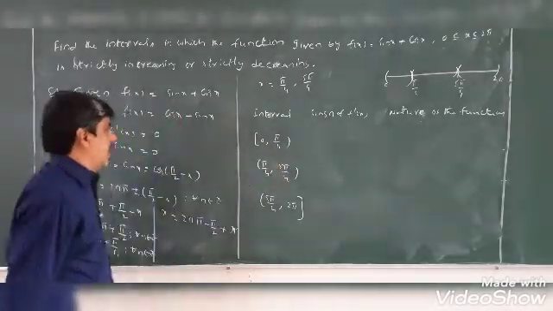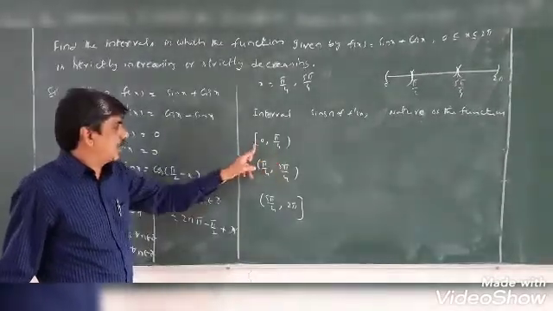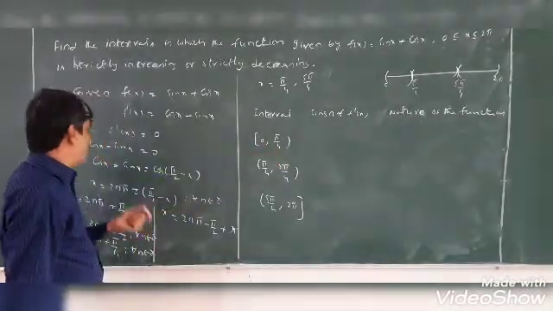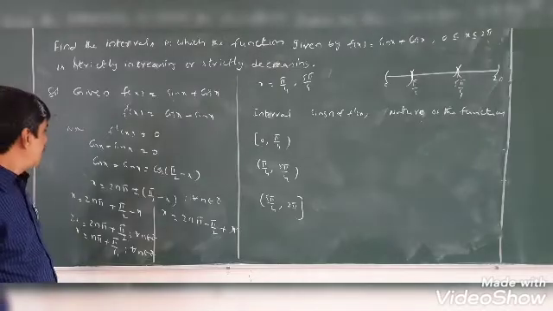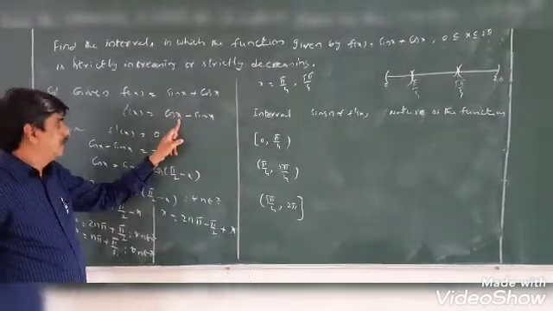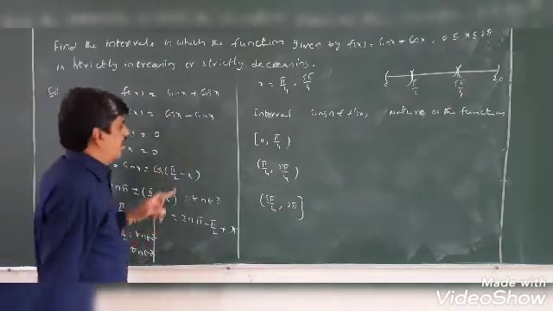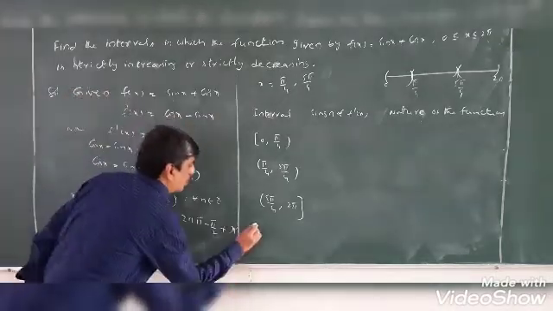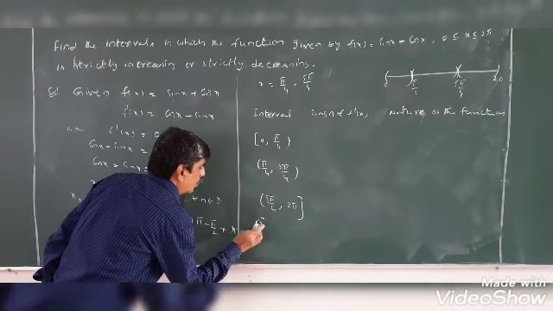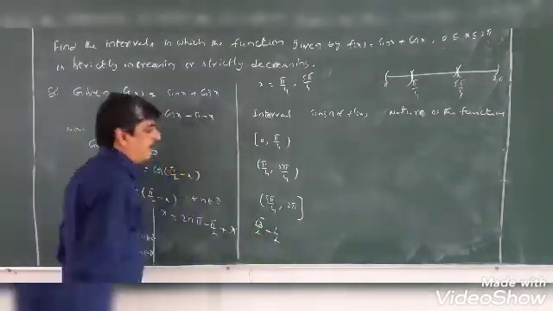Now 0 to pi by 4: one of the values I am writing. 0 to pi by 4 is 0 to 45 degrees. In 0 to 45 degrees, one value is 30. If I am substituting x is equal to 30 degrees here, cos 30 is root 3 by 2, minus sin 30 is 1 by 2.